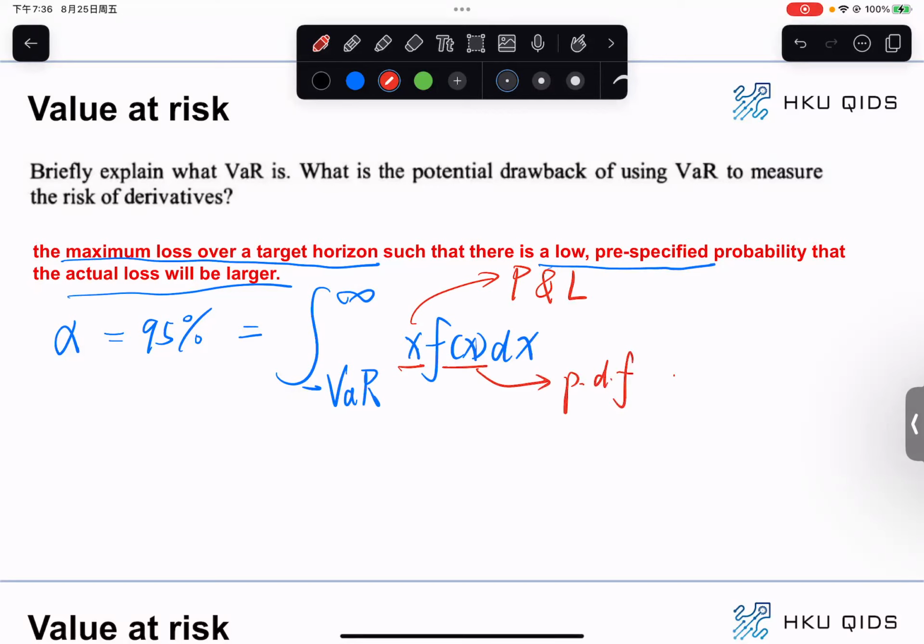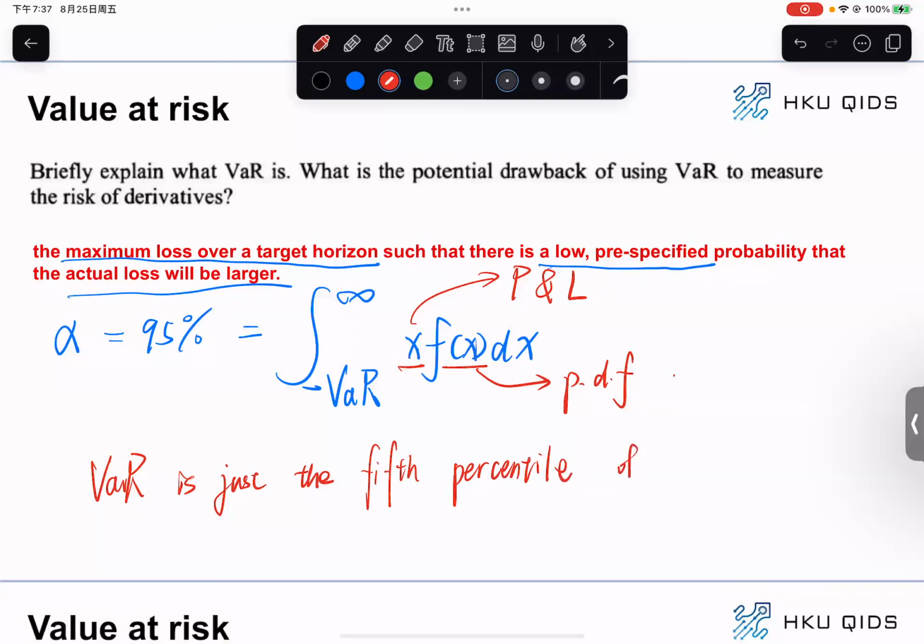And you can see now VaR is just the fifth percentile of the profit distribution.